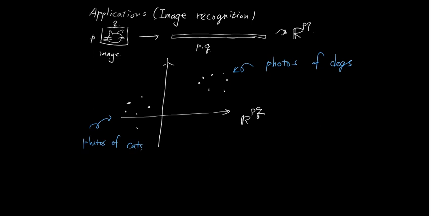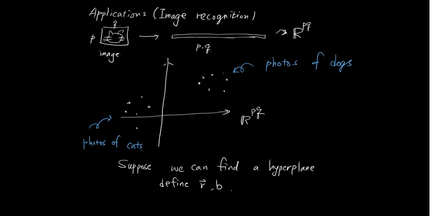So suppose we can find a hyperplane defined by a normal vector and a bias B that cuts it into two spaces.